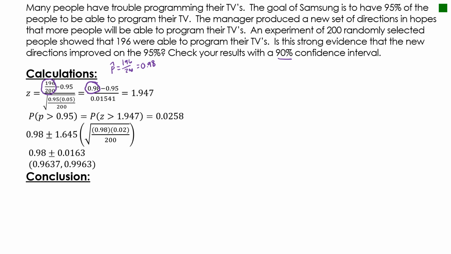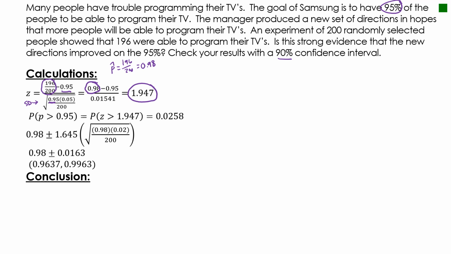Notice when I'm using my z-score, my expected value is the 0.95, and the 0.95 occurs also down here when I'm doing my standard deviation, which is the square root of 0.95 times 0.05 over 200. I do all of that work and I get 1.947.